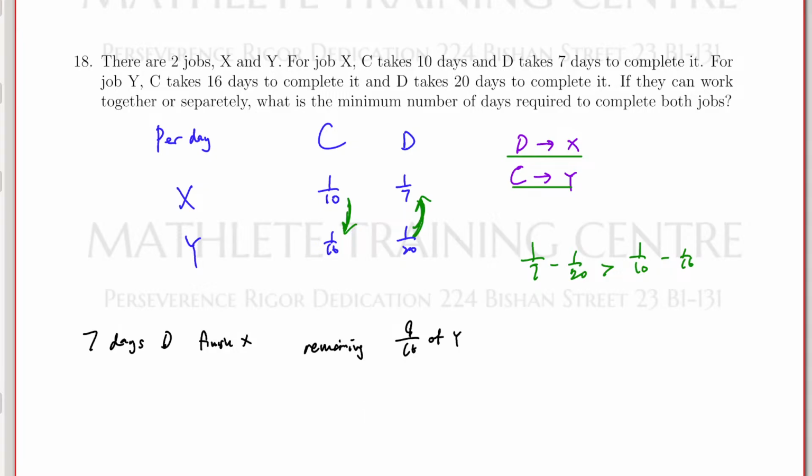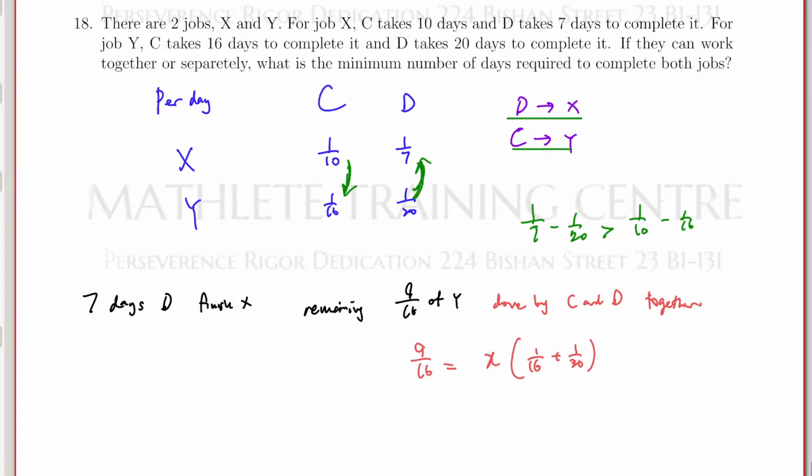For the remaining time, I will put D back on job Y. So this remaining 9 over 16 of Y is done by C and D together. They will be working together now. So 9 over 16 will be equal to some x number of days times 1 over 16 plus 1 over 20.